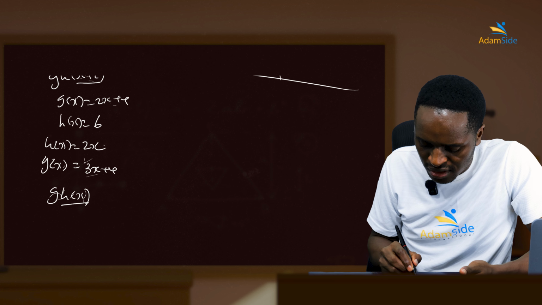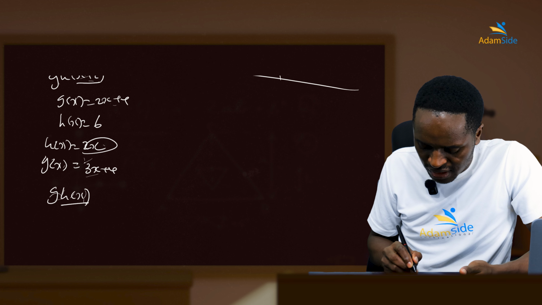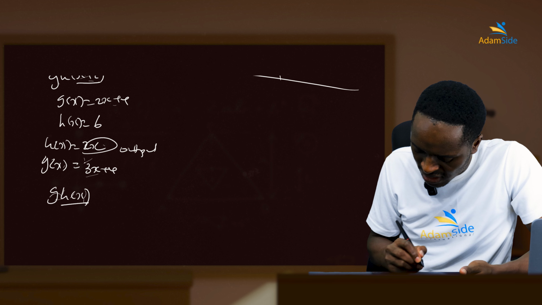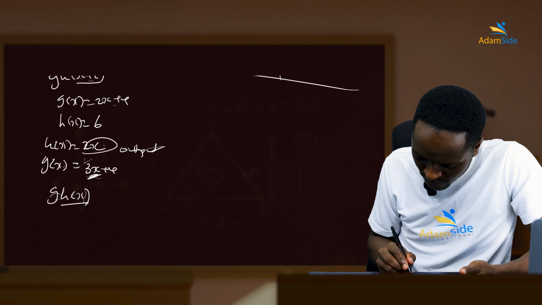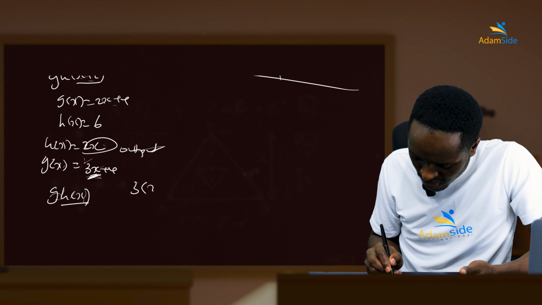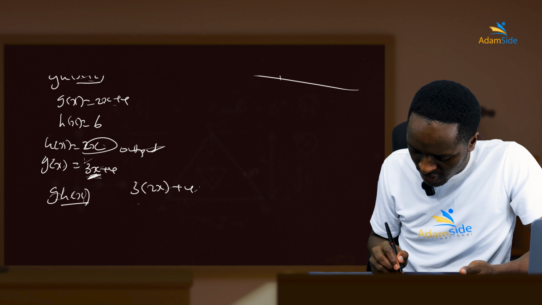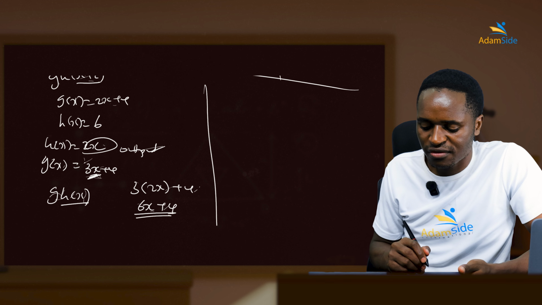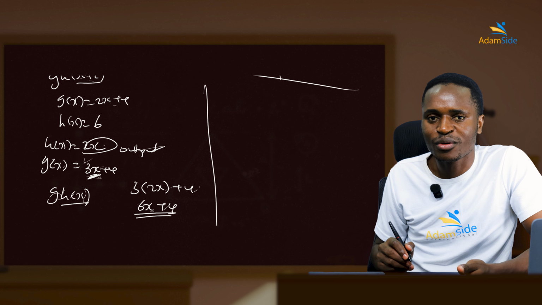What is h of x? It's 2x. What is g of x? It's 3x plus 4. Now, your output, use it as an input. Where there is x, put 2x. So say 3 times 2x plus 4. 3 times 2 you get 6x plus 4. You leave it in that form. This is also where the majority of students confuse themselves, when you have to leave your answer in that format.